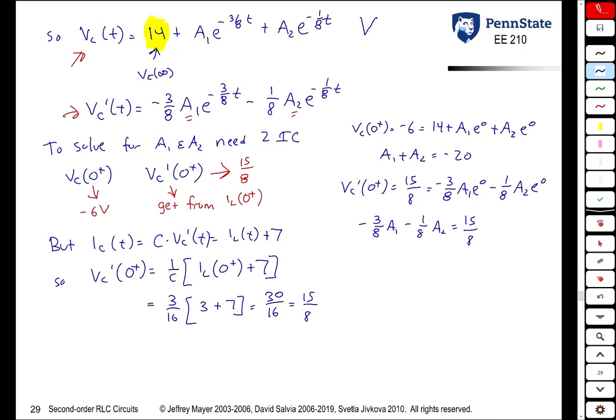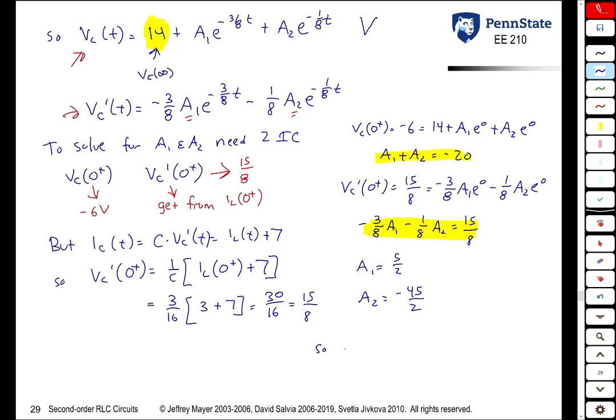We have two equations and two unknowns. One here, one here. We can use those to solve for A1 and A2. We see that A1 is equal to 5/2 and A2 is equal to minus 45/2.